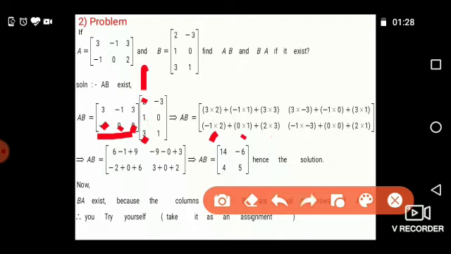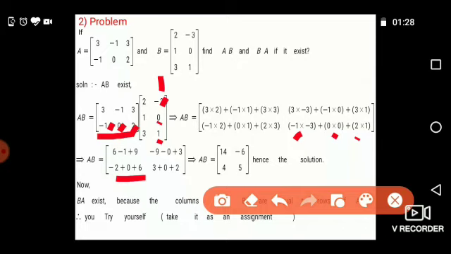Likewise, the same row is multiplied with the last column. Here the second row with the second column: minus 1 into minus 3 gives plus 3, 0 into 0 gives 0, and the last element of the first matrix multiplied with the last element of the second matrix, 2 into 1. After simplification, in the second row we have the elements minus 2, 0, 6.